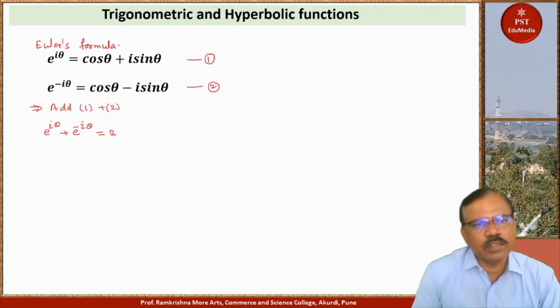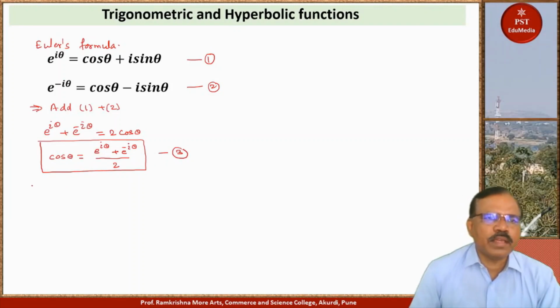So if we add, we get 2 times cos theta. So from this we will get cos theta is equal to e raised to i theta plus e raised to minus i theta divided by 2. So this is trigonometric function cos theta. Let us call this equation number 3.